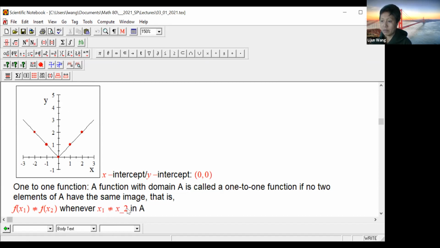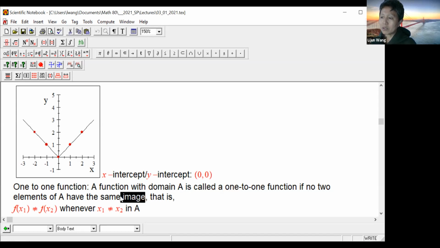What is a one-to-one function? What does it say? Okay, so here, it uses some words we may not have heard before, or at least not used in mathematics. A function with a domain A is called a one-to-one function if no 2 elements of A have the same image.